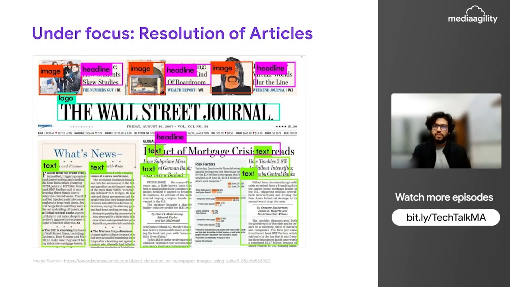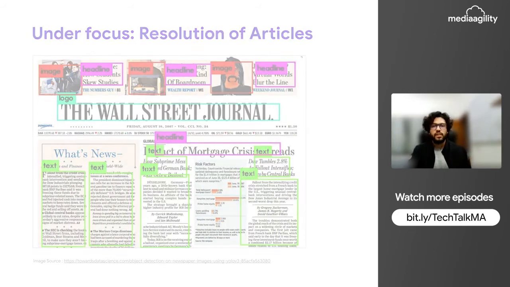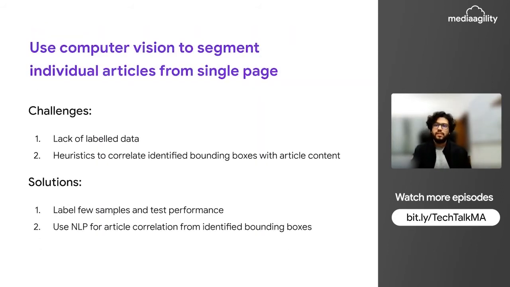So this is under focus now: resolution of articles. And we saw in the demo that we did achieve it. We essentially turned it into a computer vision problem. The initial challenge we faced was the lack of labeled data, and there weren't heuristics to correlate identified bounding boxes with article content.